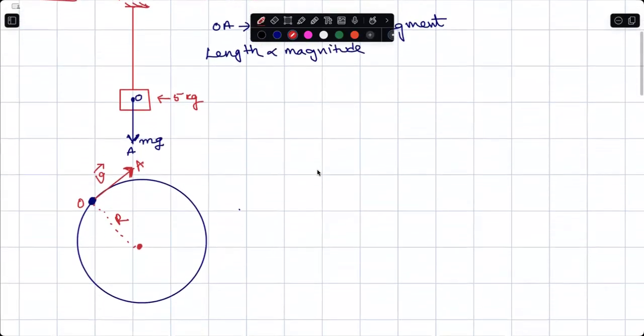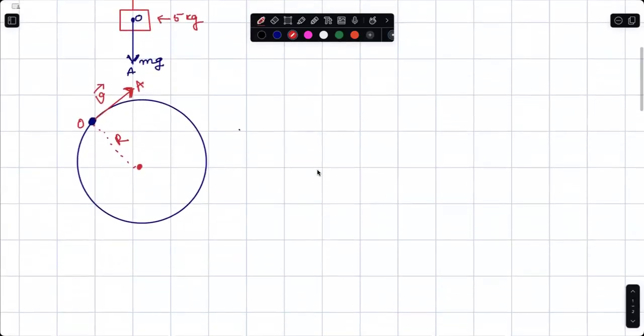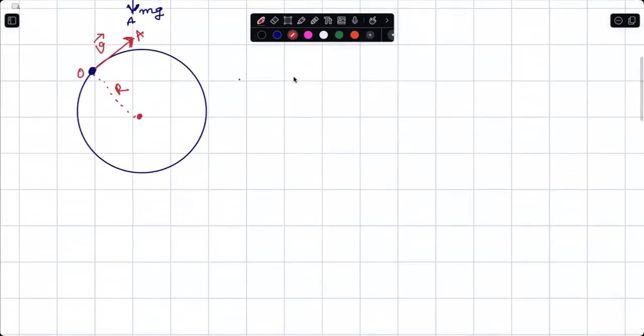Fine. Now, again, we require one more understanding. We represent a vector in a manner like this, A bar. In this, this is called magnitude of A, and in fact, this is vector A. They are different.